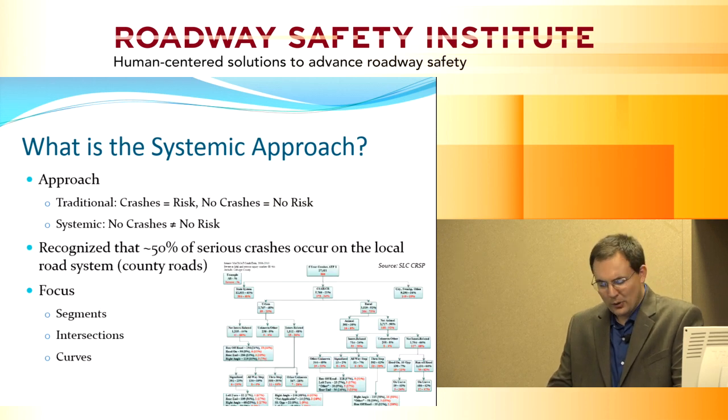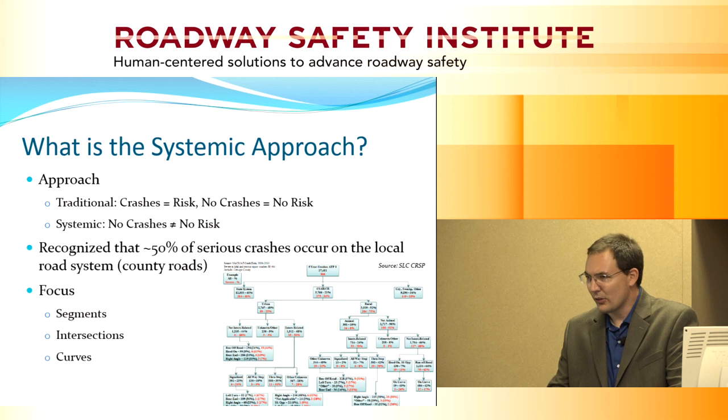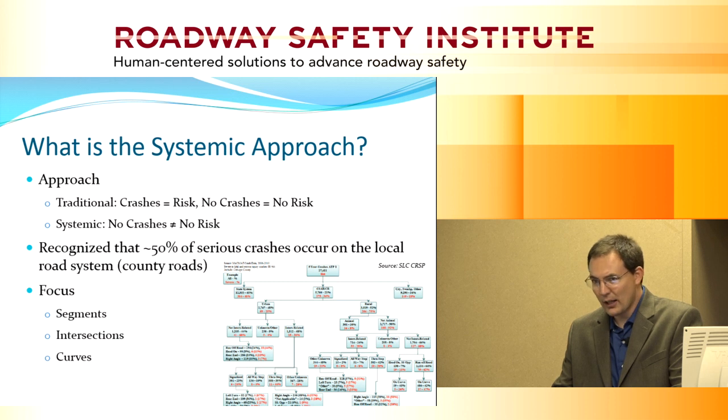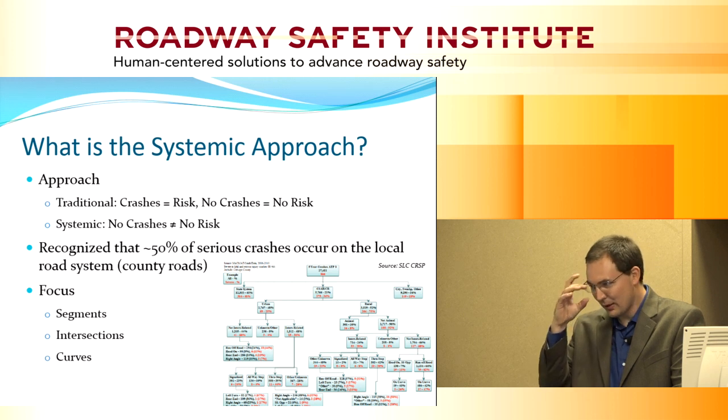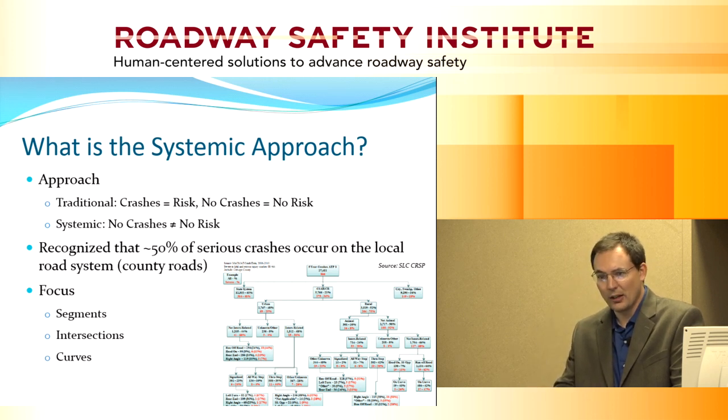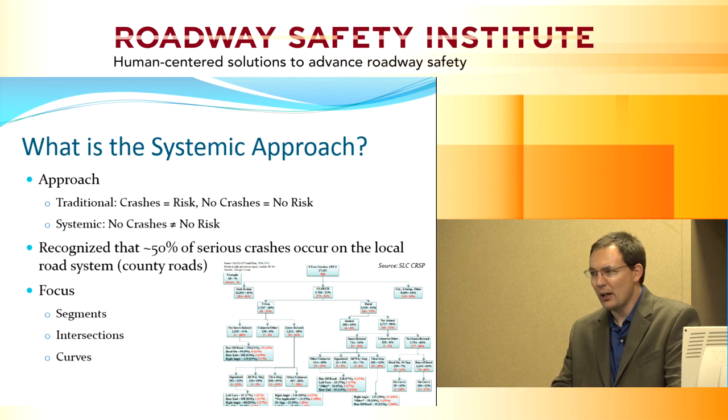The traditional approach would suggest that crashes equals risk and no crashes equals no risk. The systemic approach would suggest no crashes does not equal no risk. I can illustrate that by, we recently finished up a chevron signing project at 117 high-risk curves in St. Louis County. And I received a couple phone calls from residents saying, why are you installing the chevron signs at this curve?